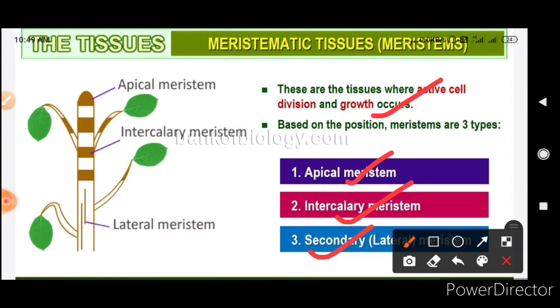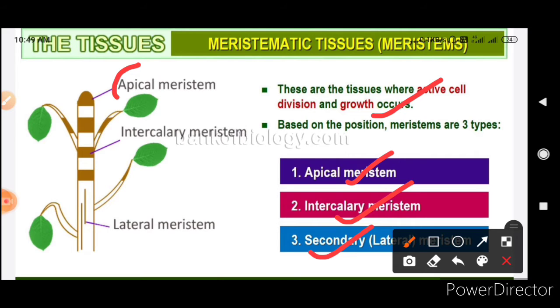So first we divided the tissues on the basis of cell division into the meristematic tissue and the permanent tissue, and now we are talking about the meristematic tissue, which is divided into three types on the basis of position.